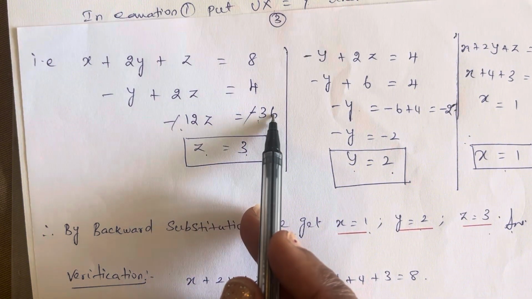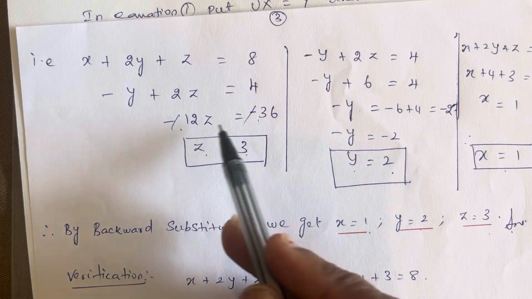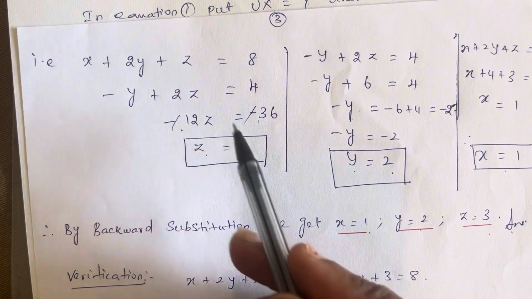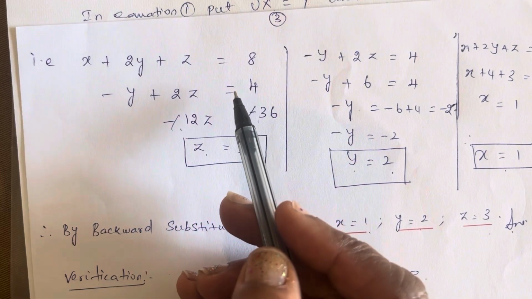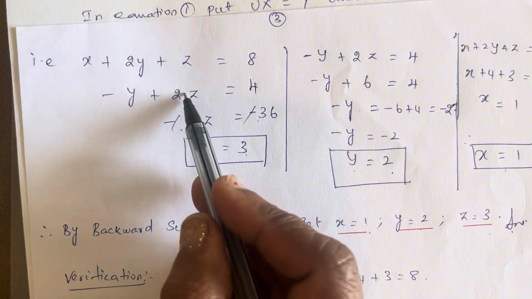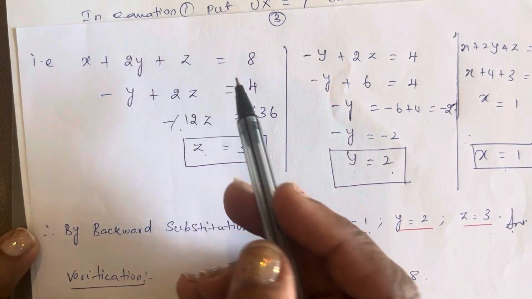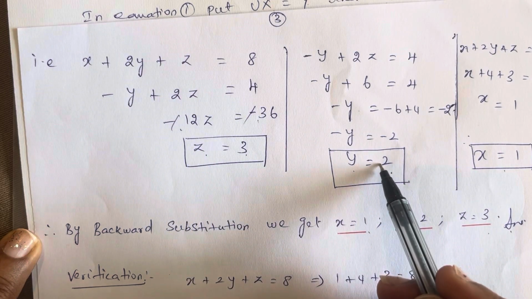Minus 12Z is equal to minus 36 means Z is equal to 3. Let us substitute Z is equal to 3 in minus Y plus 2Z is equal to 4. That is what we call backward substitution. We know the last value, from that we find the previous value, then the first value. From Z equal to 3, I get Y is equal to 2.